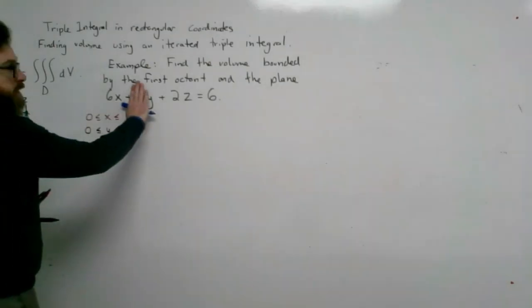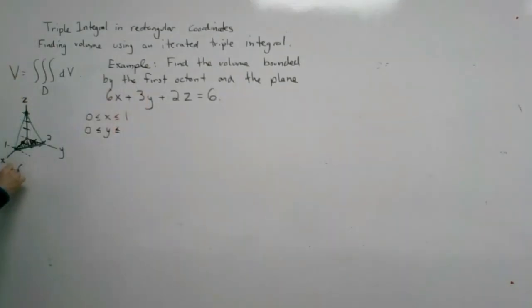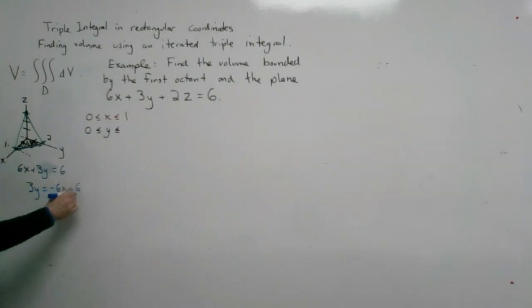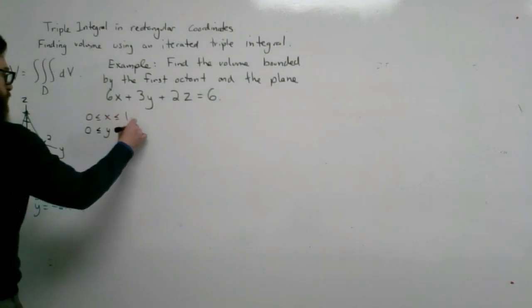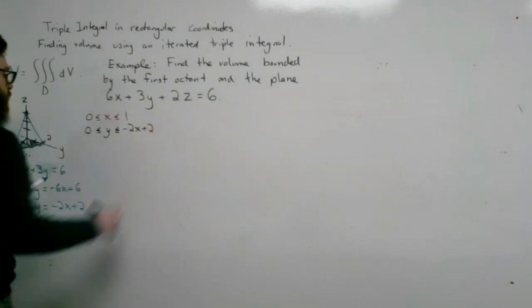If you plug in z equal to 0, that equation is going to be 0 plus 3y is going to be equal to 6 minus 6x. And I can solve this for y. So 3y is going to be equal to minus 6x plus 6. So y is going to be equal to minus 2x plus 2. So that's what we have. This is going to be minus 2x plus 2.